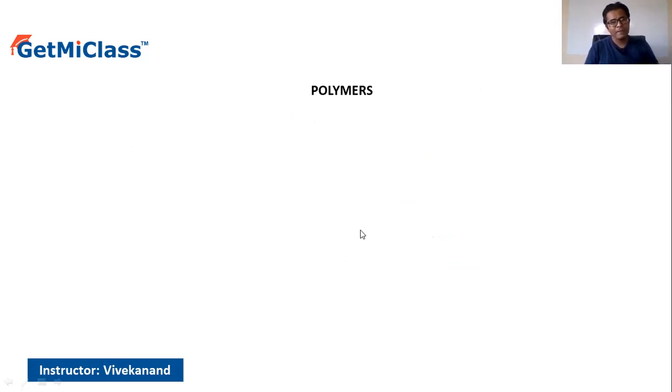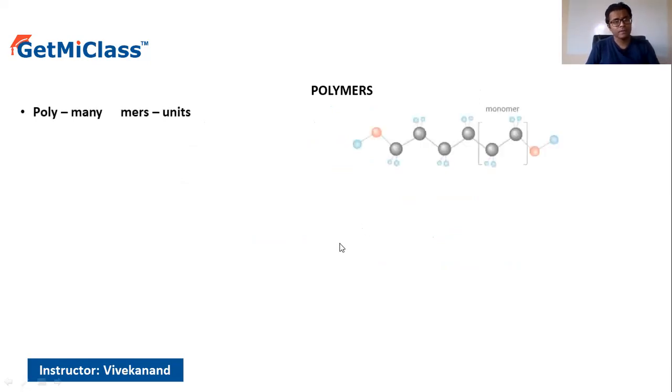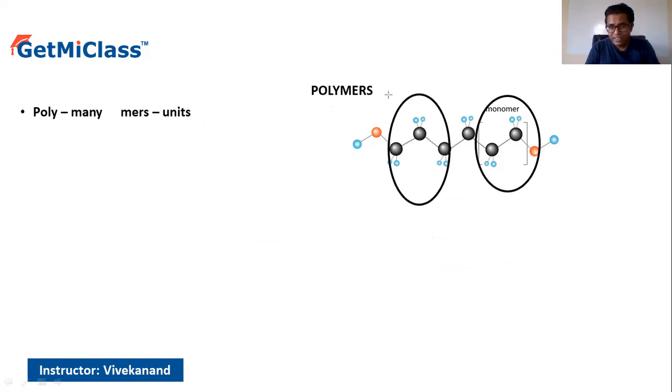So poly refers to many, mers refers to units. Here is a simple representation of a polymer. You can see there is a smaller section here which is a repeating unit. Because of this, one repeating unit gets connected to another repeating unit with the help of a covalent bond.